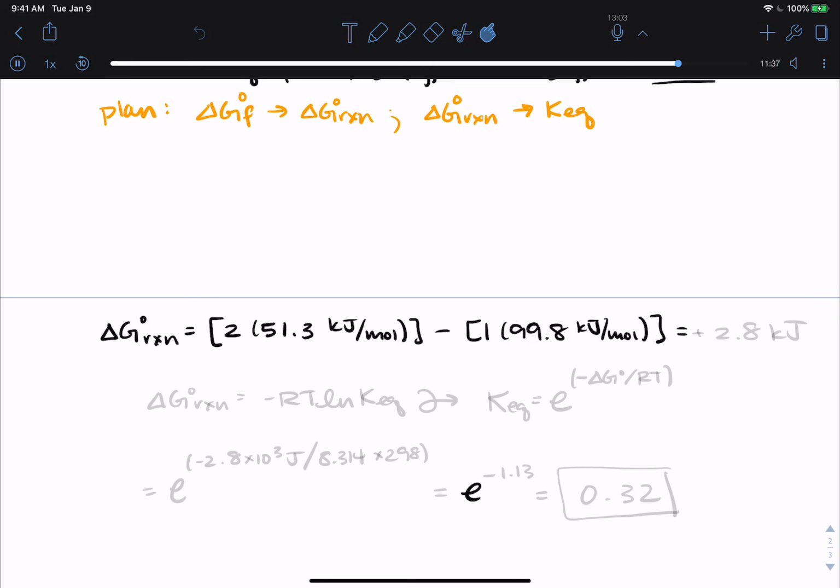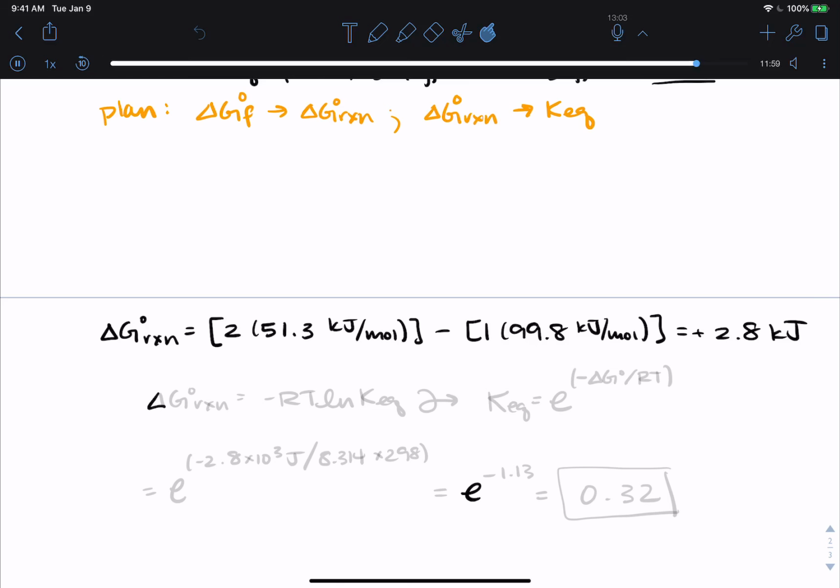So my delta G reaction is 2.8 kilojoules, and it's positive. So this should prepare me to get a small equilibrium constant, right? It's a non-spontaneous or not favored reaction. I should have a small KEQ.